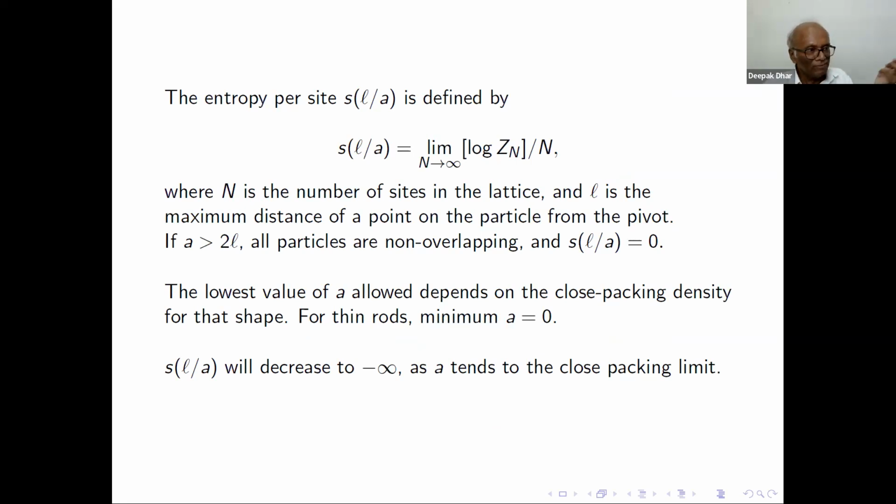Because at the close packing limit, there is only very little volume available for the system. Right now it's a mathematical point, but the cases we studied before were discrete models, where entropy is a positive function, and now entropy is a negative function. It's the normalization issue.